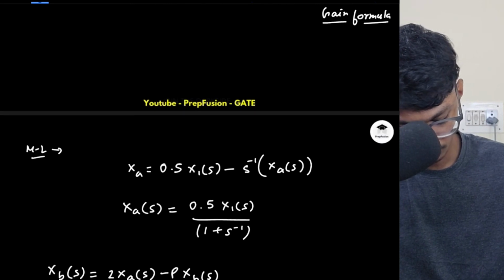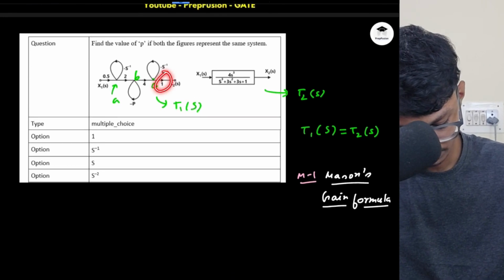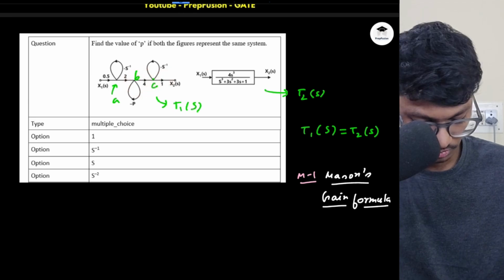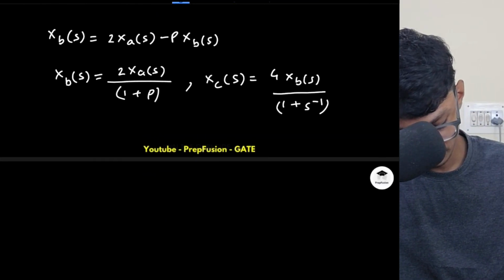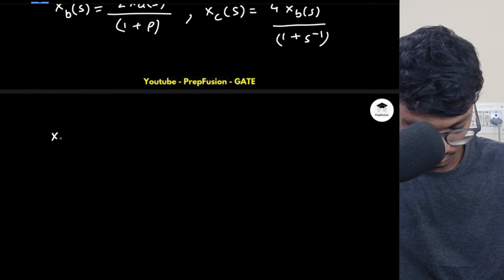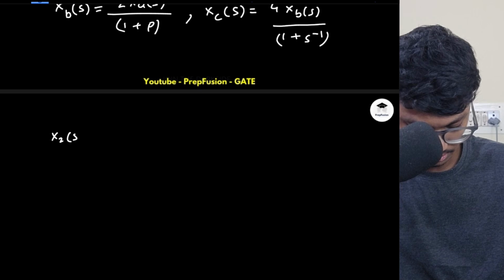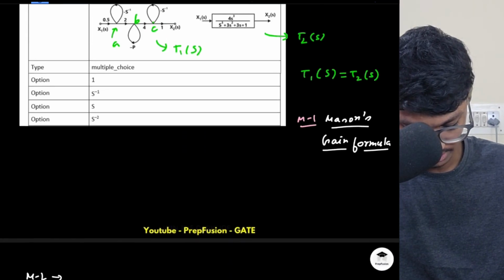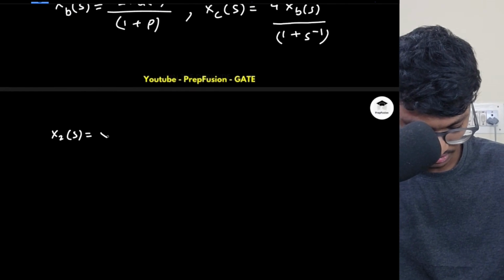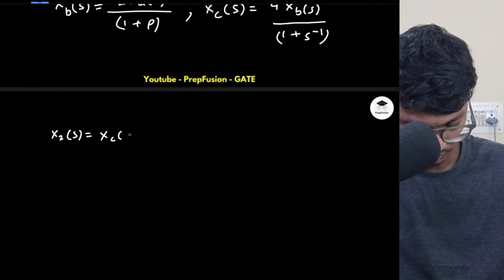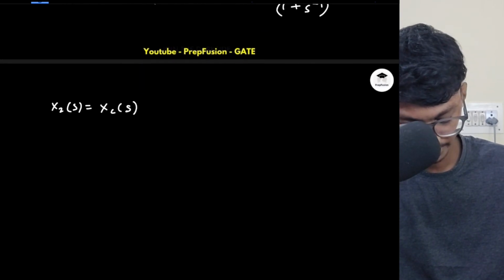Same thing, just a 4 here because here I had a 4. Everything is similar. And finally I have to find X2. X2(s) is simply this XC(s).